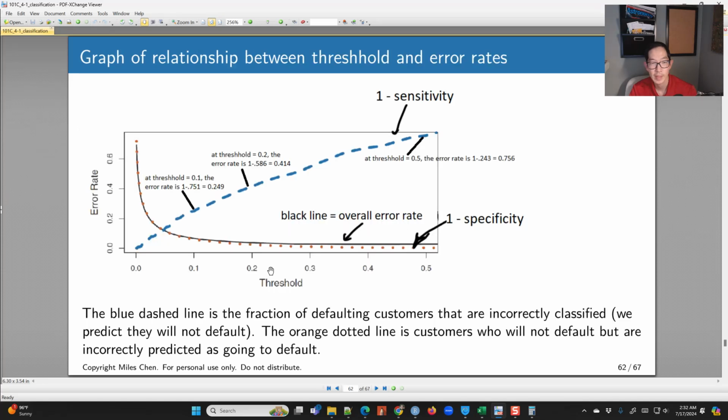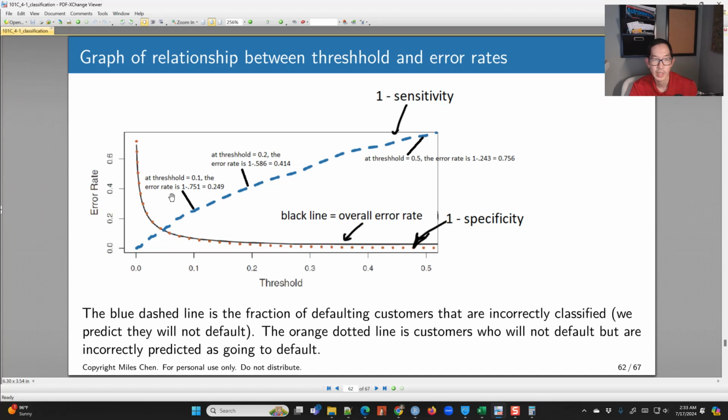Okay, and so we can see the relationship of all of this in this graph here. Here I have the threshold. When I have my threshold at, say, 50%, then my sensitivity gets lower and lower. 1 minus sensitivity is this blue line.